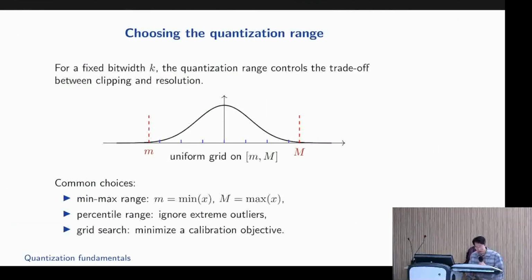Okay, so how do you determine the quantization range? We have a predetermined fixed bit width k, and you have some choices.